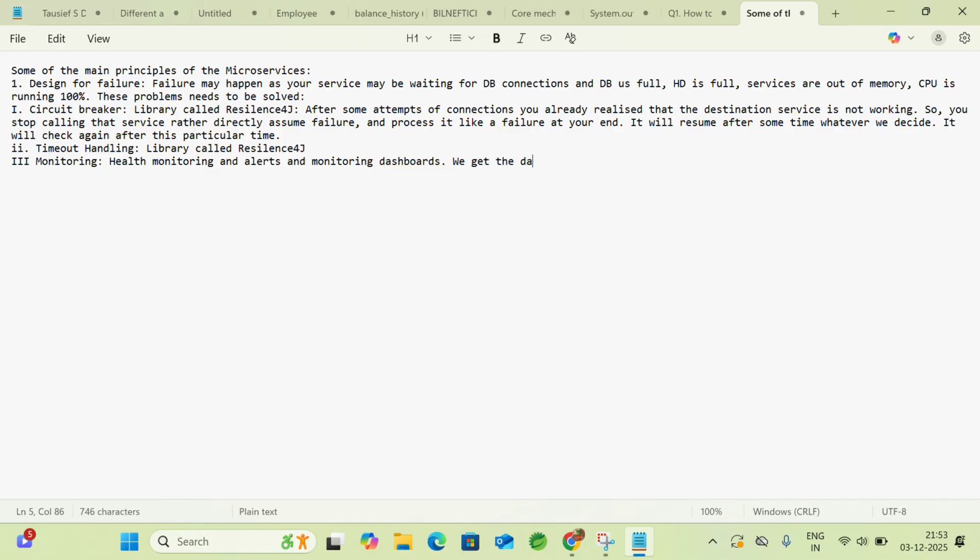We get the data about how many requests there are, how much RAM is being used, and all such information. So it all needs to avoid the system crash.